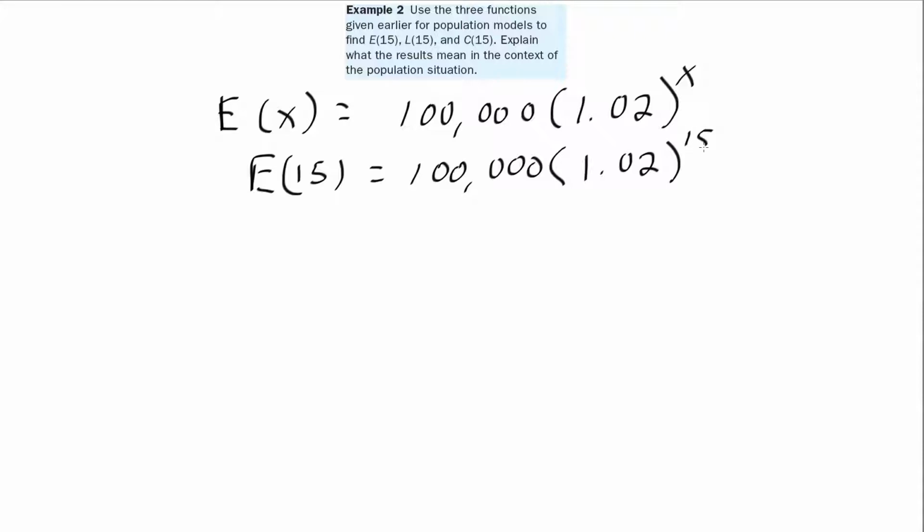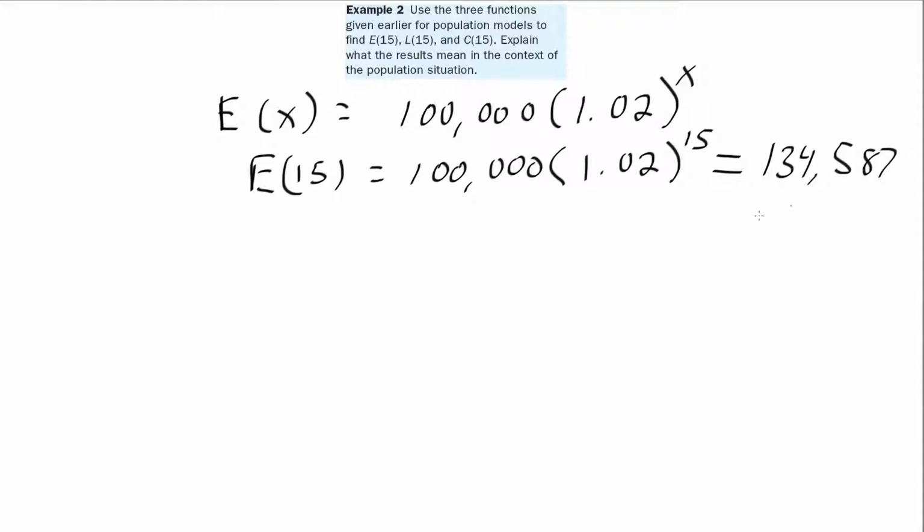So that's our 2% growth model, and we want to know what that equals, so run the calculation, and we would see that using this model, E of 15 would give us about 134,587 people.